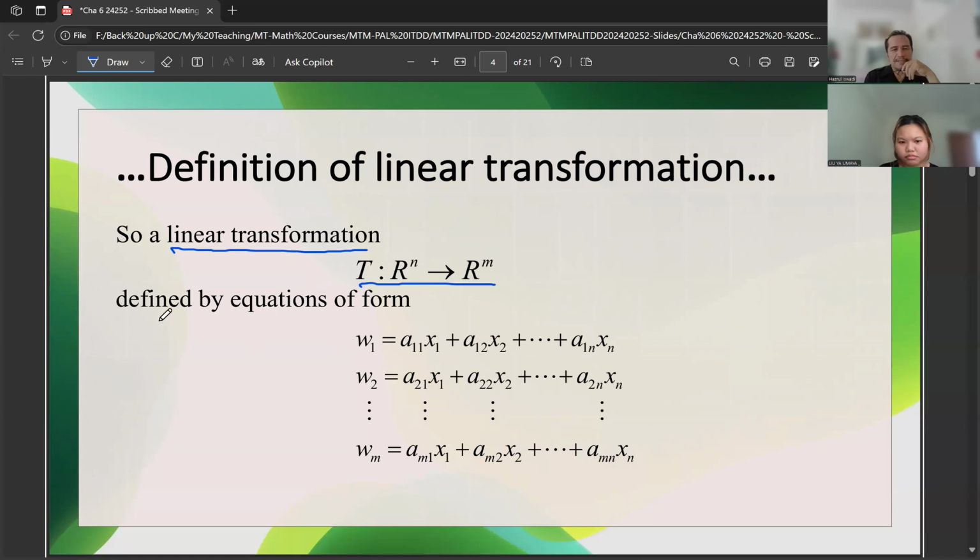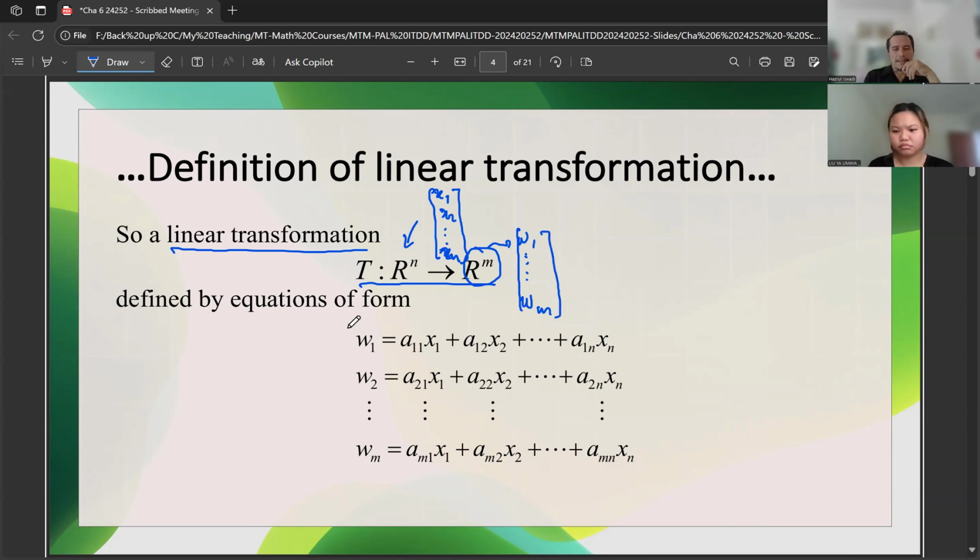We have the result y1 up to ym, which is the output, and the input is x1, x2 up to xn. So this is our input, and this is our output.